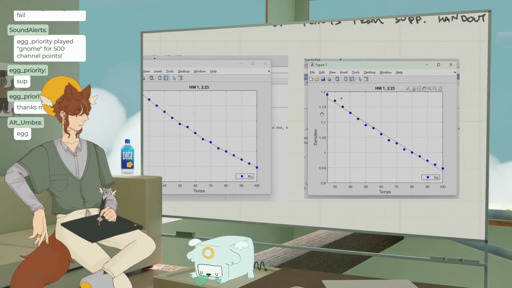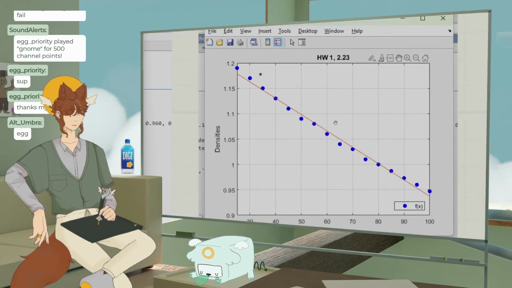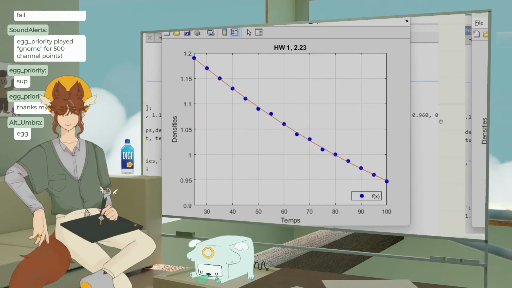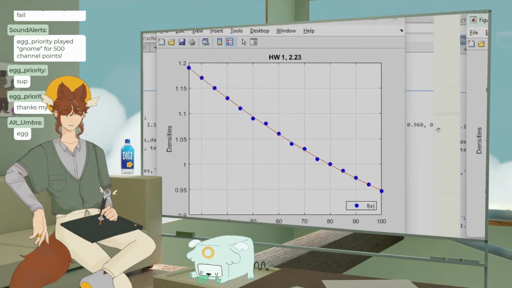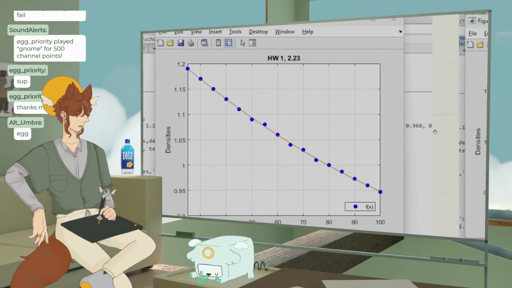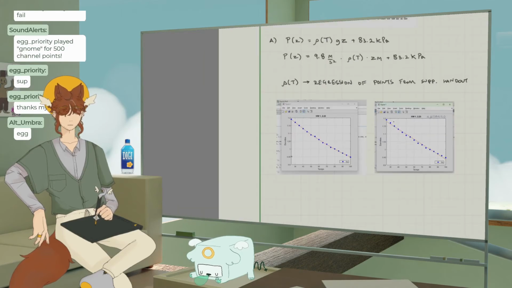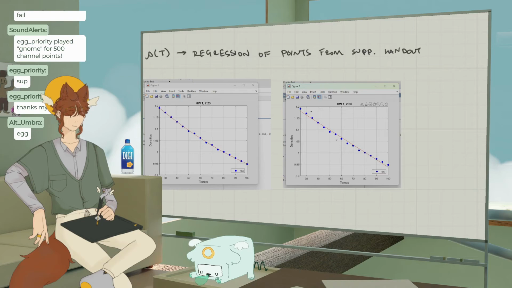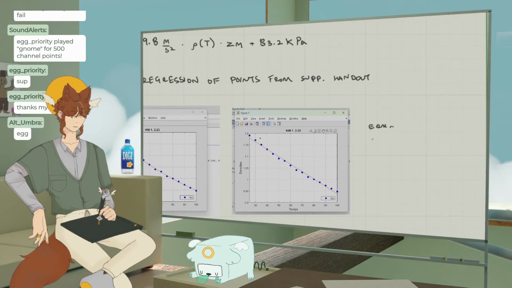So this one is not... I mean, it's okay. But this one fits better. But I don't know if that's just because of the data. I don't know. Well, I'm going to go with second order. Second order seems better.